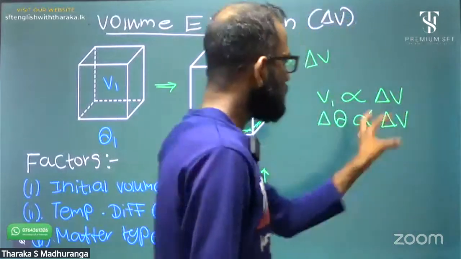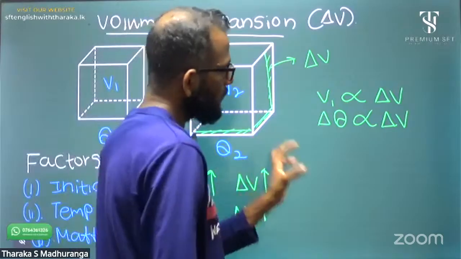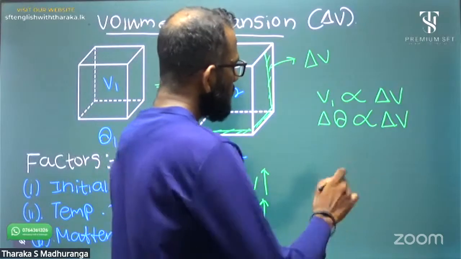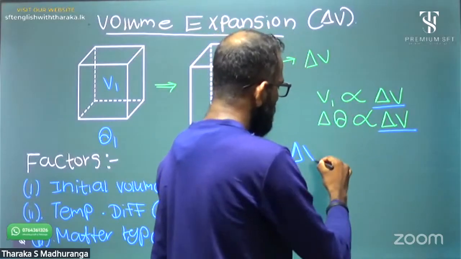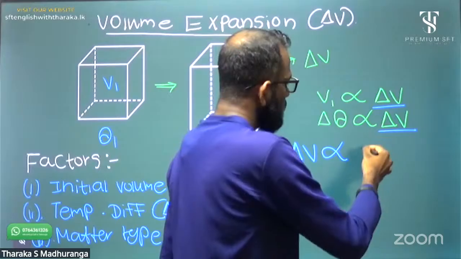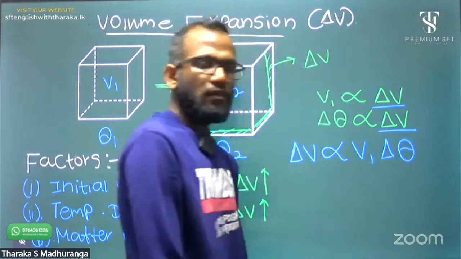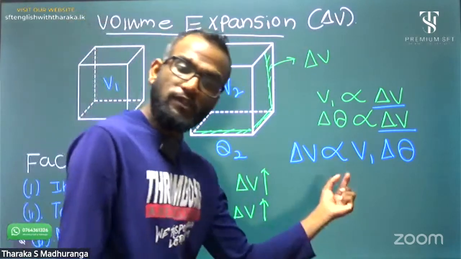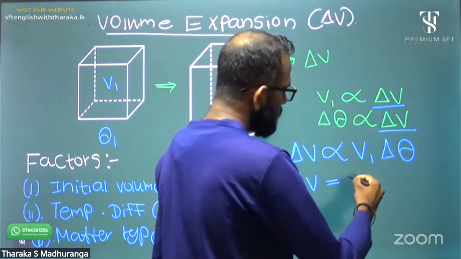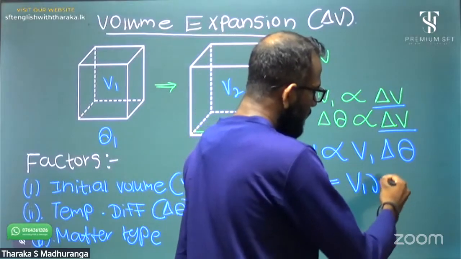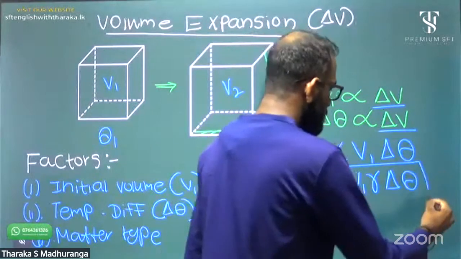According to these two relationships, I can make an equation. Delta V is directly proportional to V1 delta theta. Now I can remove the proportional mark: delta V equals V1 gamma delta theta. This is my equation.